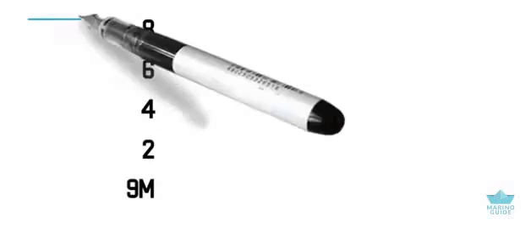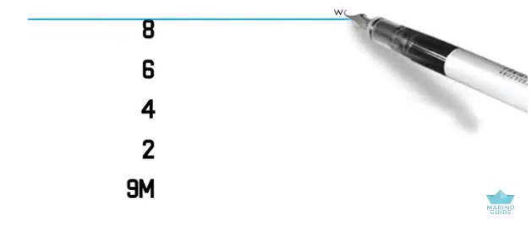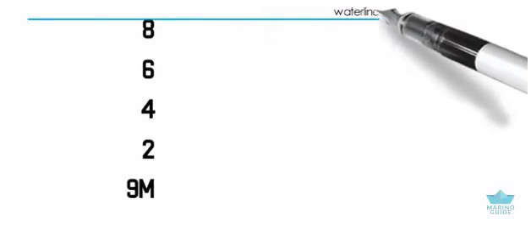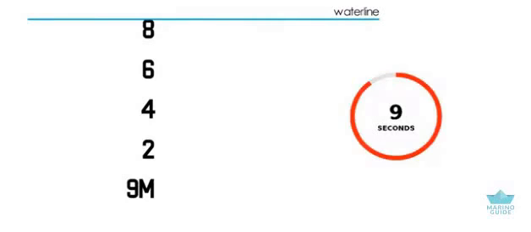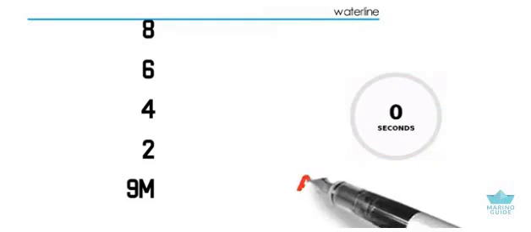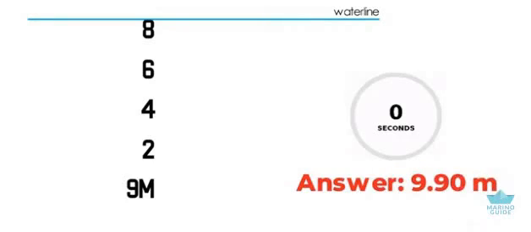Let's say that the water line is in this point. What is the draft reading? The answer is 9.90 meters.